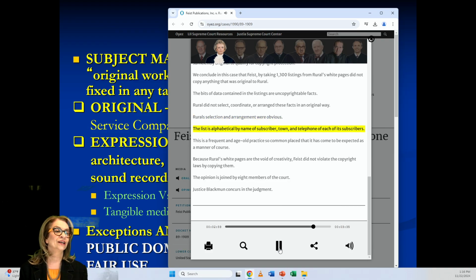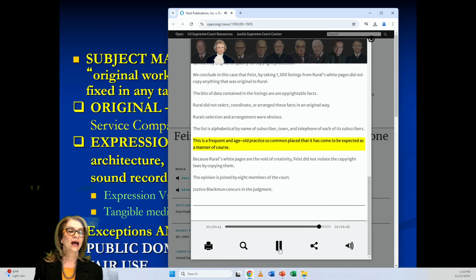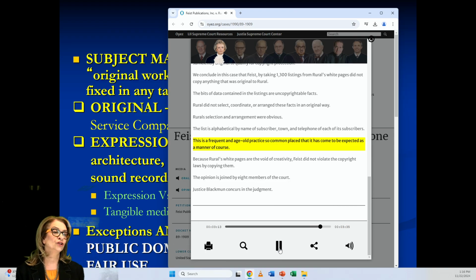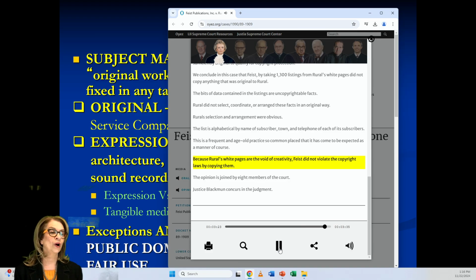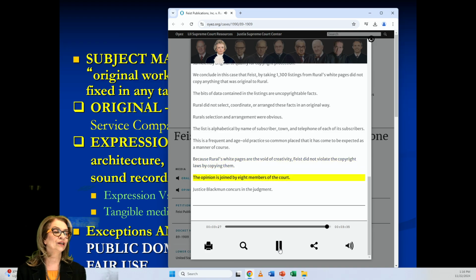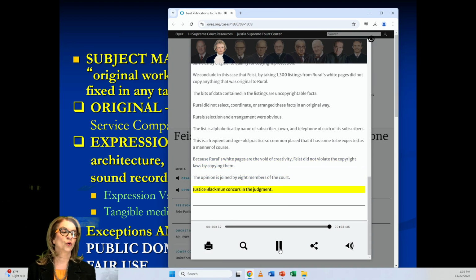Rural's selection and arrangement were obvious. The list is alphabetical by names of subscribers, town, and telephone number, and this is a frequent and age-old practice, so commonplace that it has come to be accepted as a matter of course. Because Rural's white pages are devoid of creativity, Feist did not violate the copyright laws by copying them.